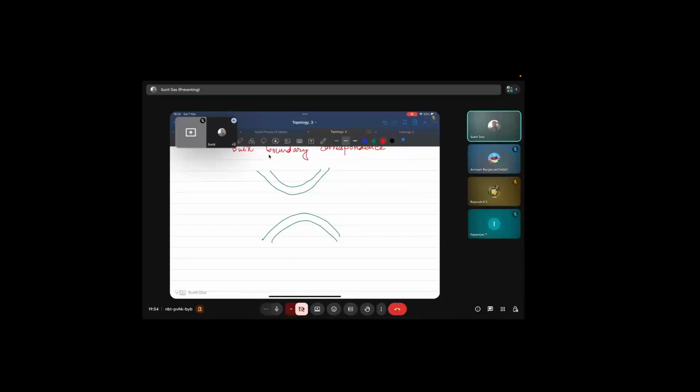And interestingly, you will see that there are some energy states which go like this, and this is energy equal to 0.